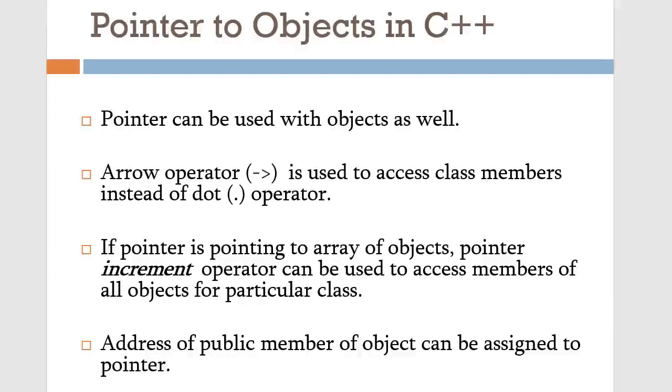So similar to a pointer variable, this increment arithmetic operation can be performed with the object pointers. We'll talk about all these 3 points with the help of an example. Finally, the address of a public member of an object can be assigned to a pointer. So we'll talk about this fourth point as well.